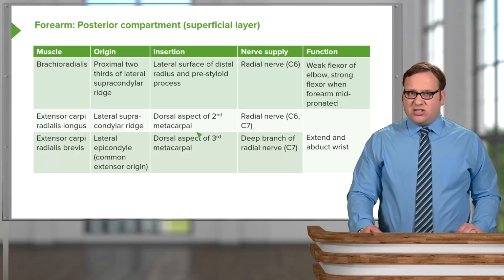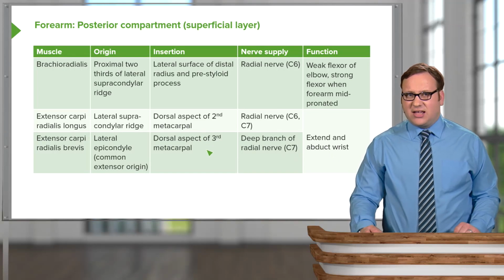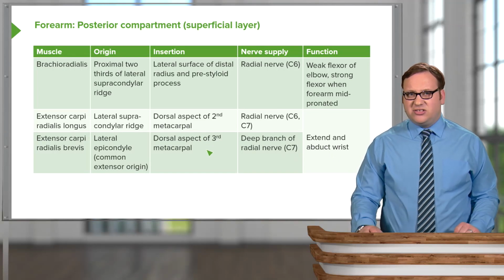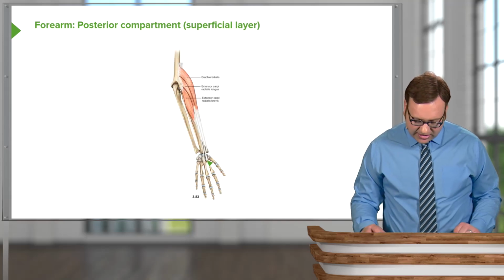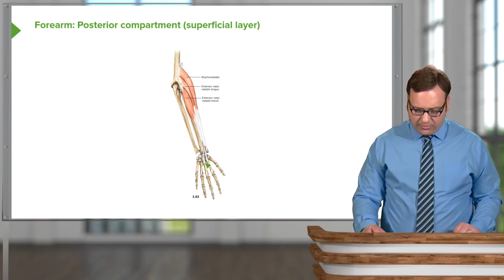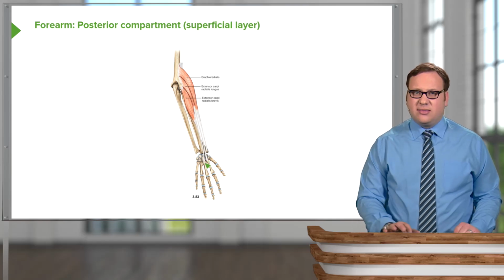Extensor carpi radialis longus attaches to the second metacarpal. Extensor carpi radialis brevis attaches to the third metacarpal. And again, we can see here, attaching to the second metacarpal and attaching to the third metacarpal: longus attaching to the second, brevis attaching to the third.